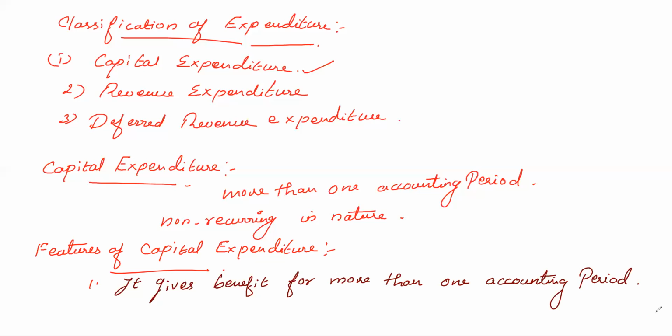Then second one is it includes the acquisition of fixed assets and all expenditure incurred up to the point an asset is ready for use.